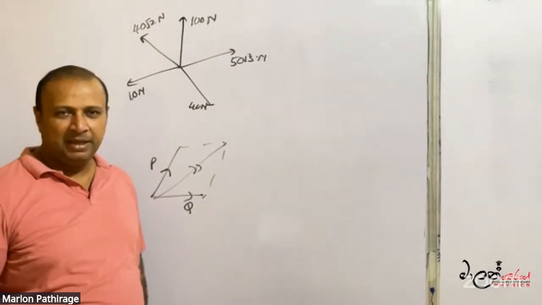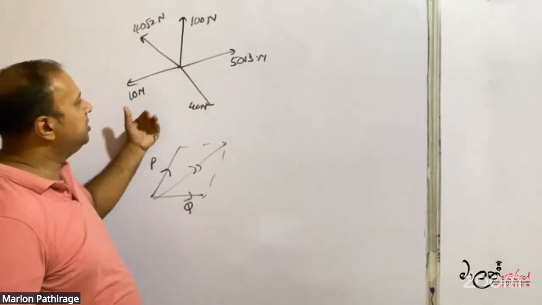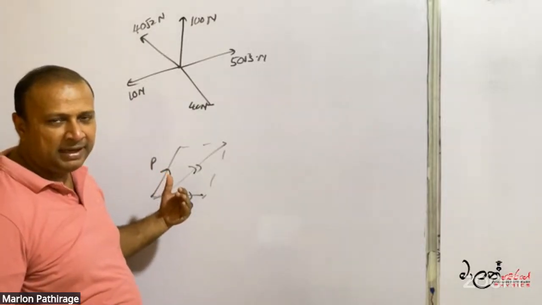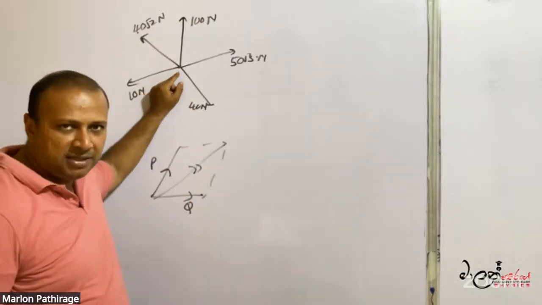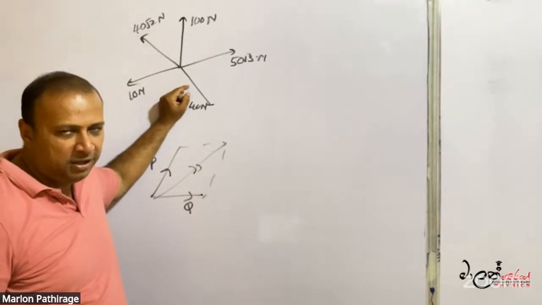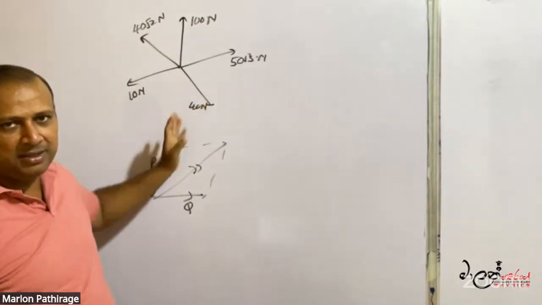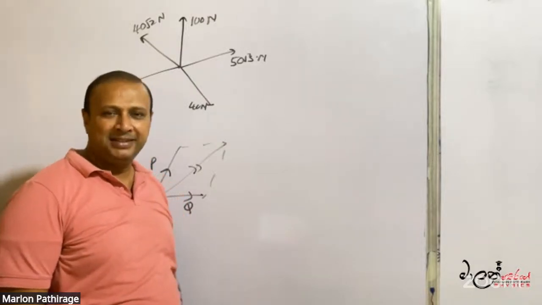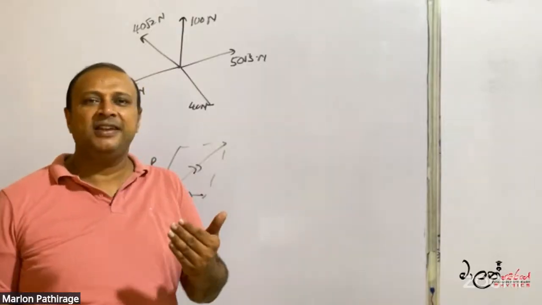If you are given the vector system in this way, that means all the vectors are acting at the same initial point, then our previous knowledge can be applied.